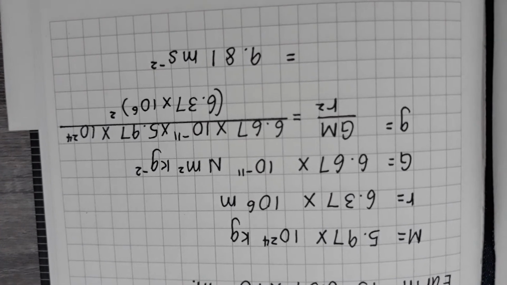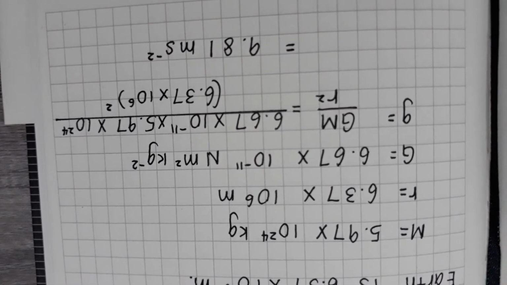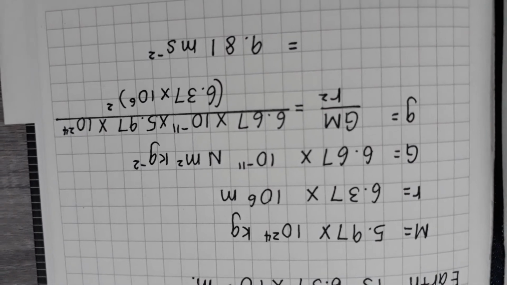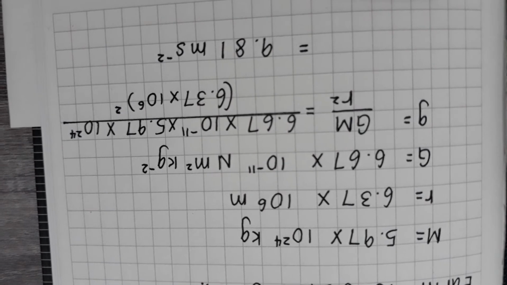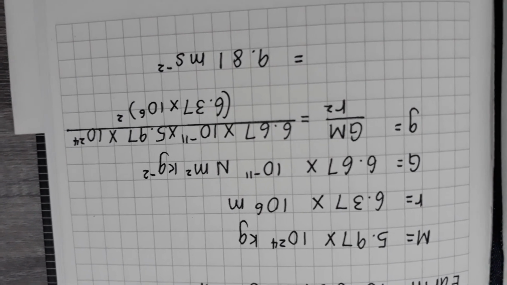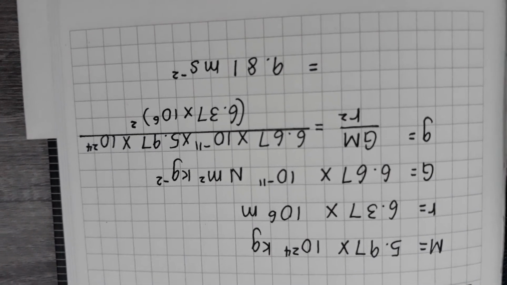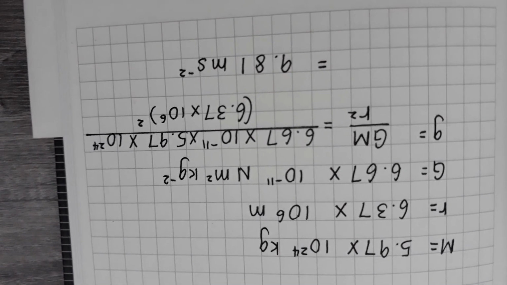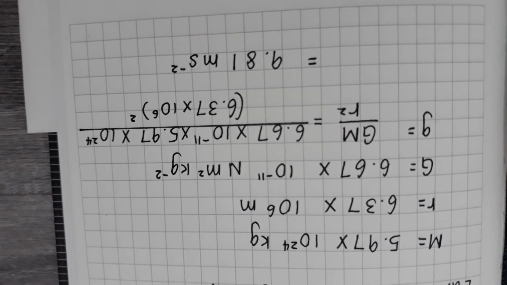The gravitational pull, which is the universal gravitational constant, the capital letter G, equal to 6.67 times 10 power of negative 11 Newton meter square per kilogram square. So to calculate the gravitational acceleration, we have to use the formula GM over r squared.